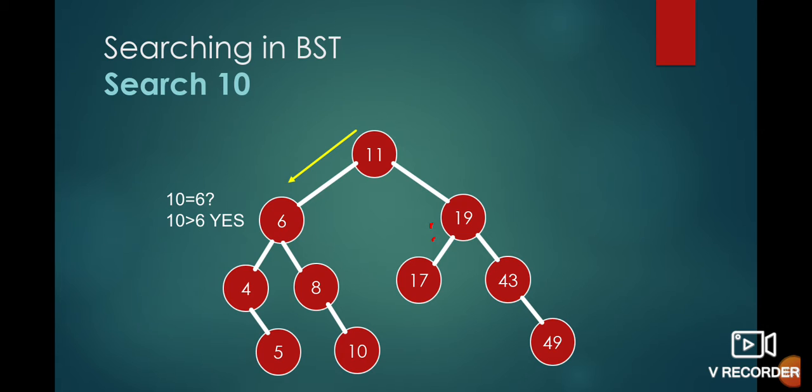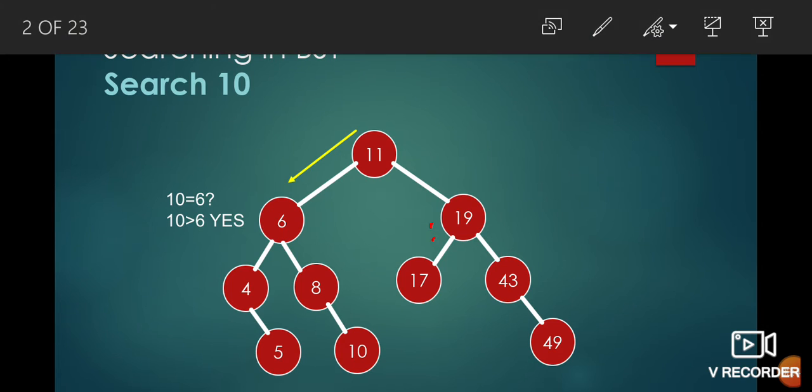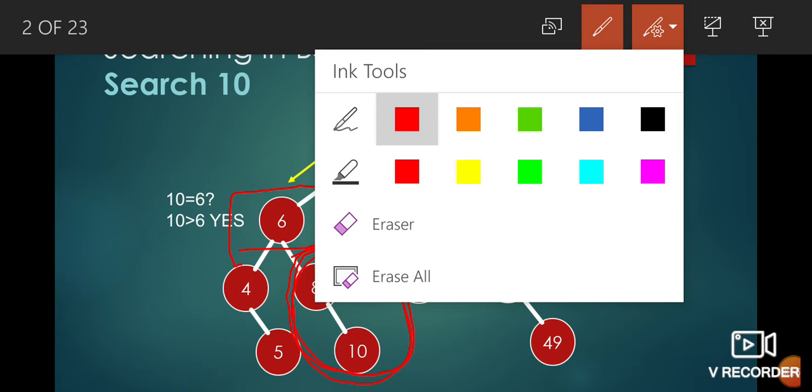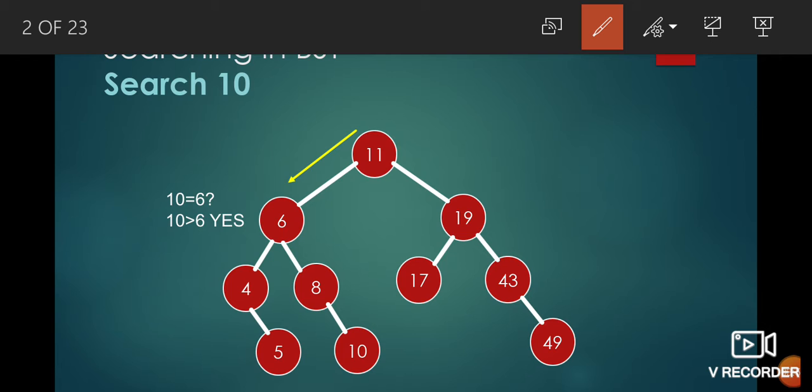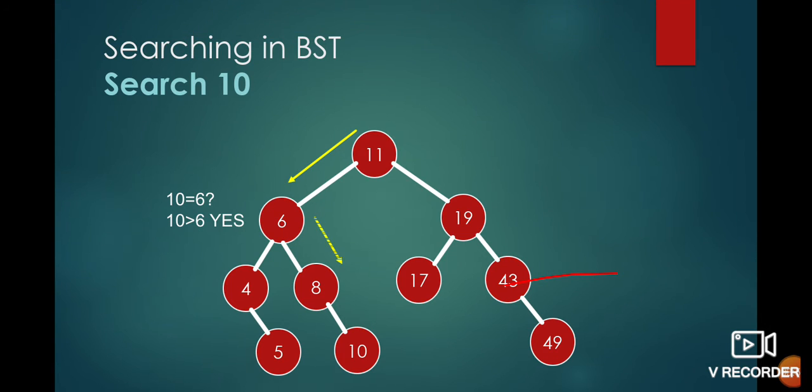It is true. If an element is greater than the root node, then I have to see the right subtree. Here the right subtree is this one. If 6 is the root node, then the right subtree will be this one. So now I will shift to the right subtree.